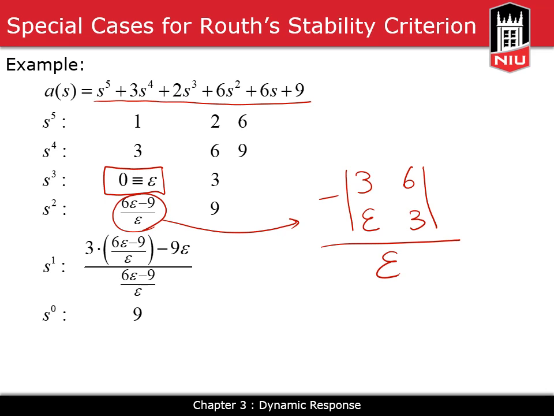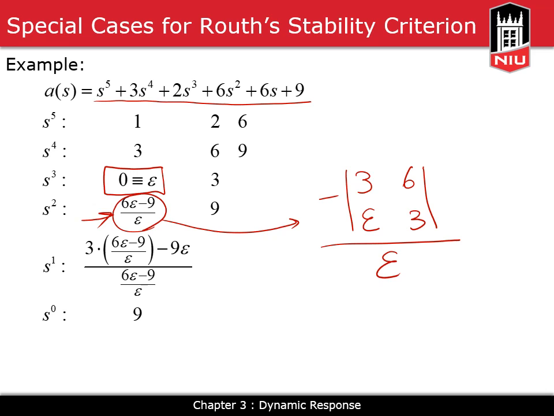This gives us 6 epsilon minus 9 over epsilon, which is what we have here in this place. We find the next term in that row, that comes out to be 9. We move forward to the next line, and we find everything else in the table. As you can see, because we replaced that 0 with epsilon, epsilon shows up in the rest of the table as a parameter. It's okay. You can leave it as epsilon.